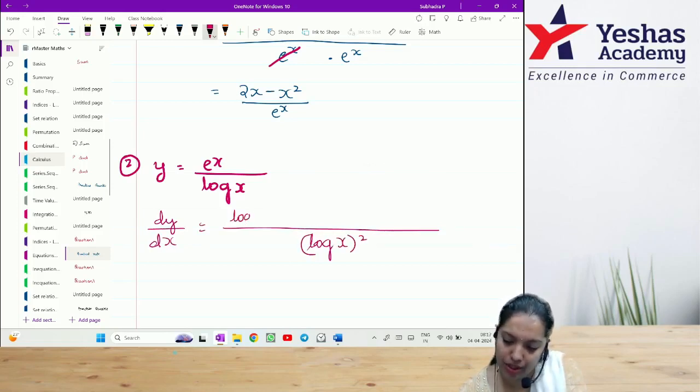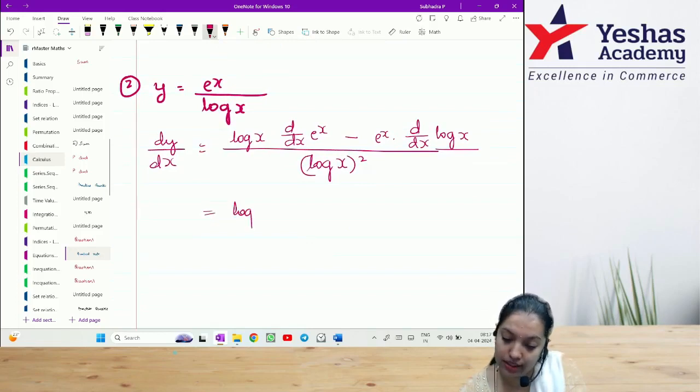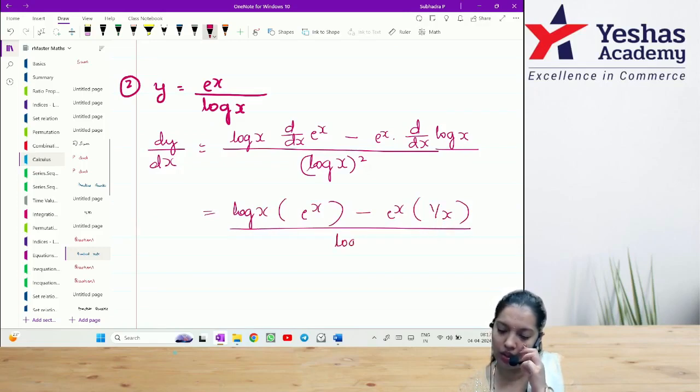Now start from the denominator: derivative of e power x minus e power x into derivative of log x. So your answer will be log x into e power x minus e power x into, what is the derivative of log x? 1 by x, divided by log x the whole square.